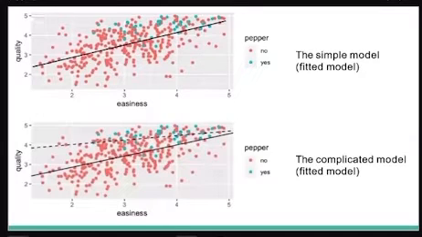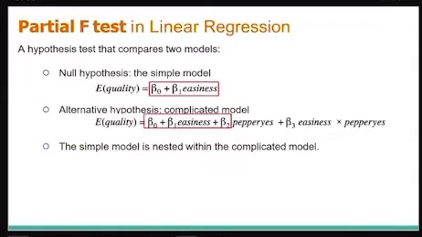Now, graphically speaking, that is a simple model. This is a complicated model. Graphically speaking, the simple model only has easiness, right? Now take a look at this. We have 2 competing models. The first one has easiness only.